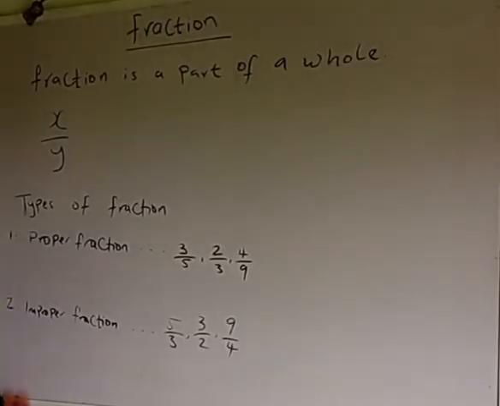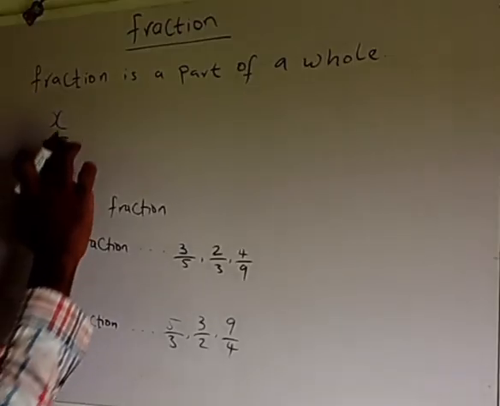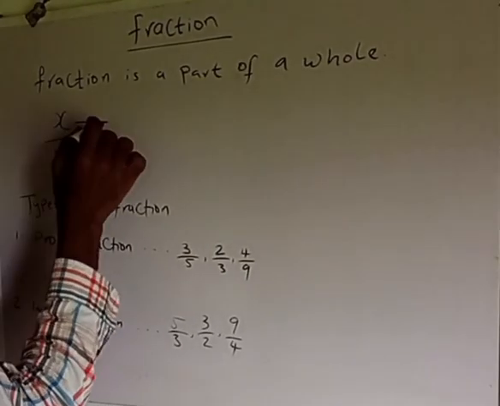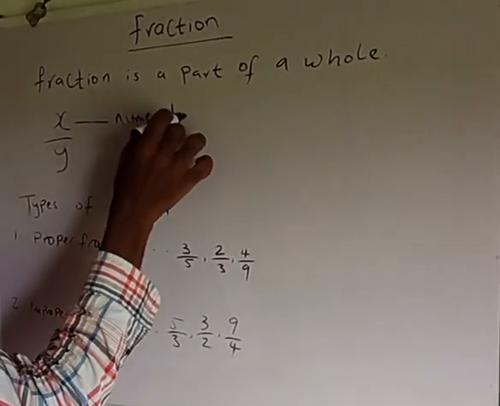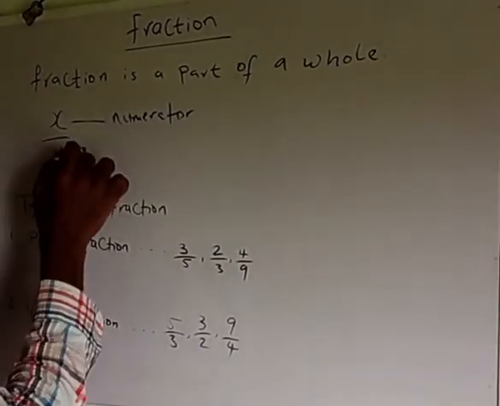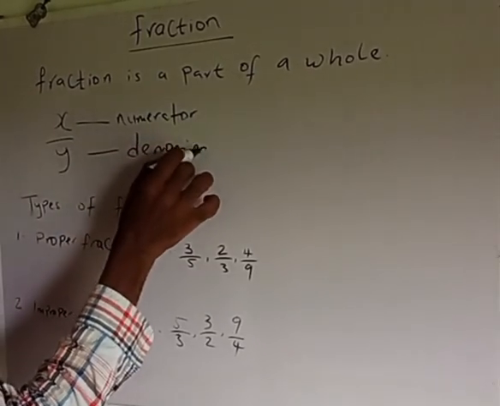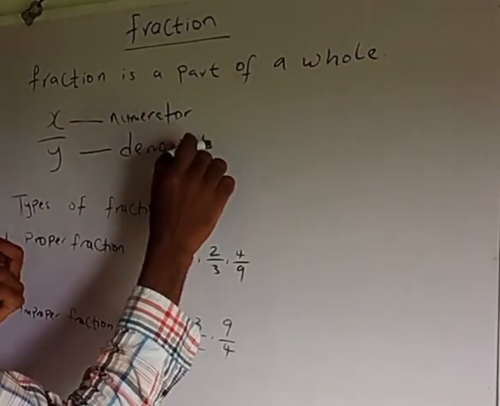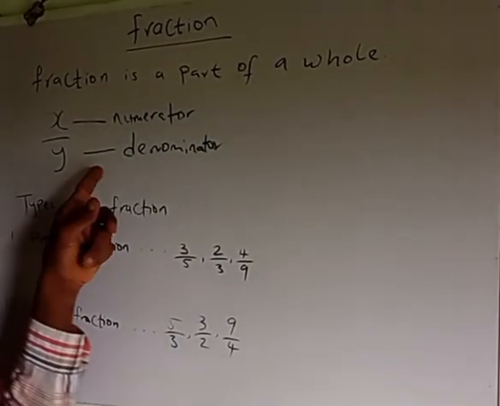And many times we express fraction in this format: x over y, right? We call this the numerator and we call this the denominator. So this is the numerator and this is the denominator.